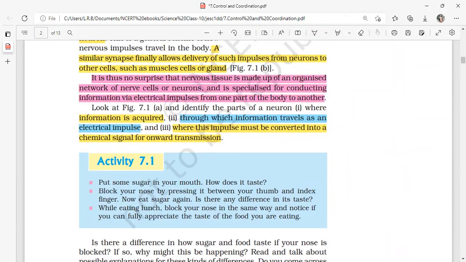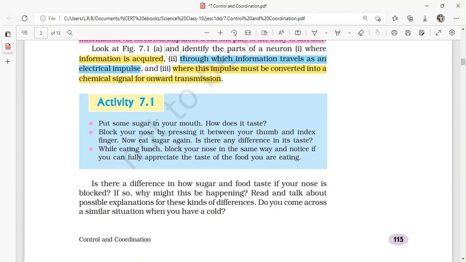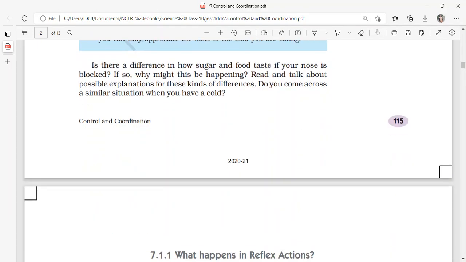So let us move to the next. Is there a difference in how sugar and food taste if your nose is blocked? Yes, obviously. When you are suffering from a cold, commonly our olfactory receptors don't work, so it is not possible for us to taste what type of food we are eating.